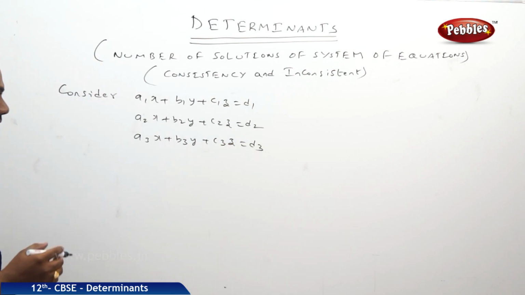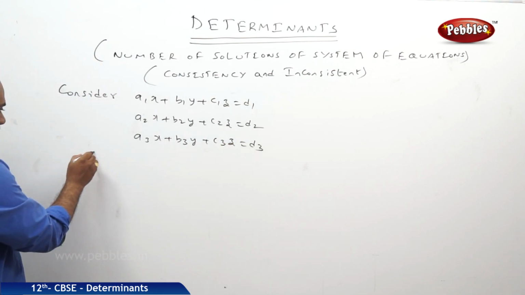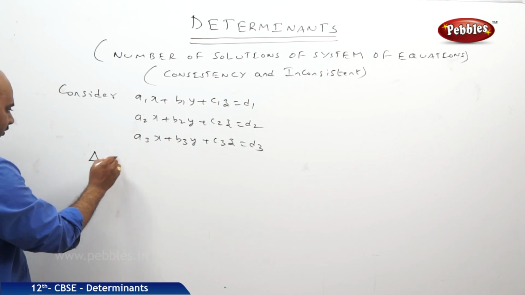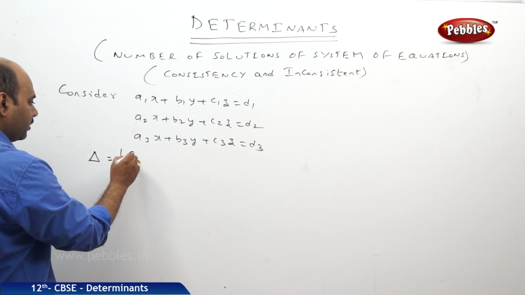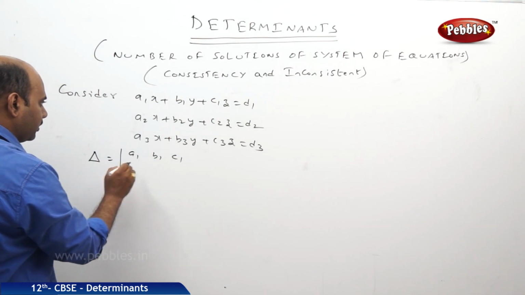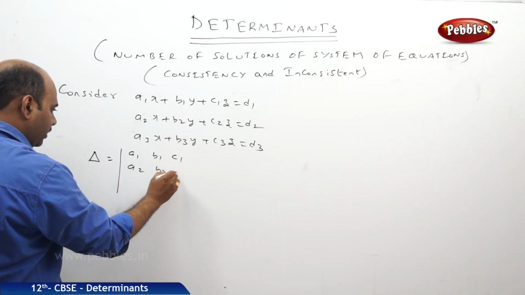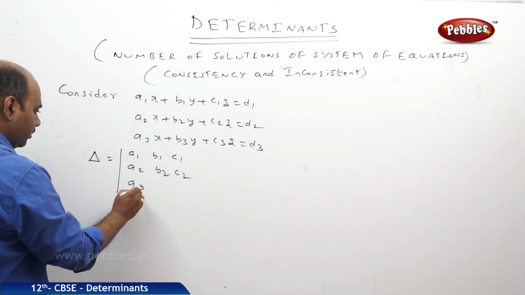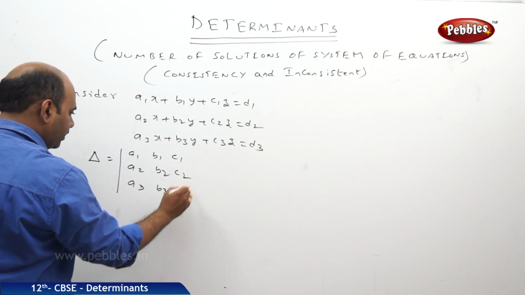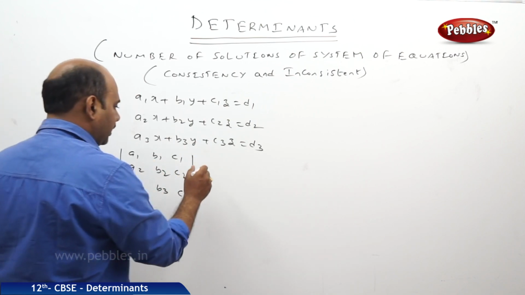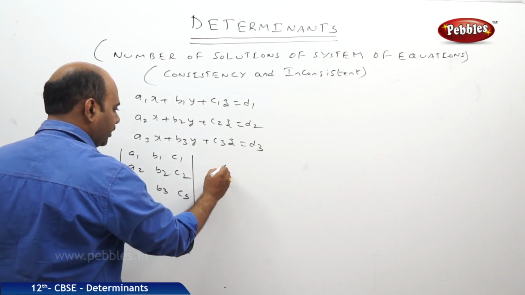These are the system of equations. Now I will be finding delta. Delta means the determinant of a1 b1 c1, a2 b2 c2, a3 b3 c3. This is delta, and I will be finding delta 1.